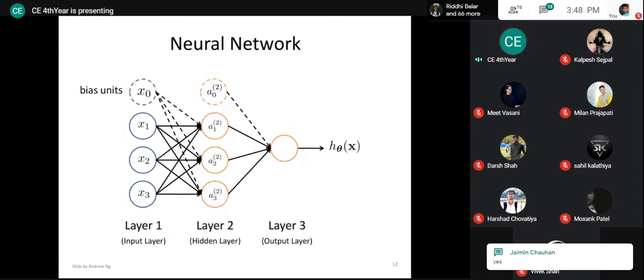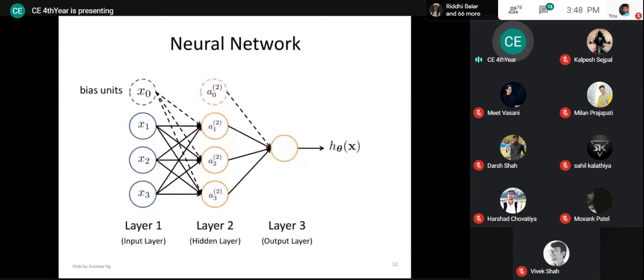Okay, good. And what will be the dimension of weight matrix which is in between layer 1 and layer 2? Dimension of weight matrix means how many theta values we need between this layer 1 and layer 2.